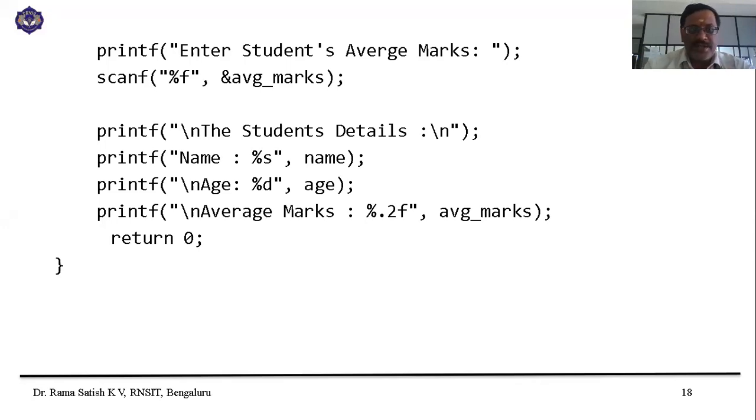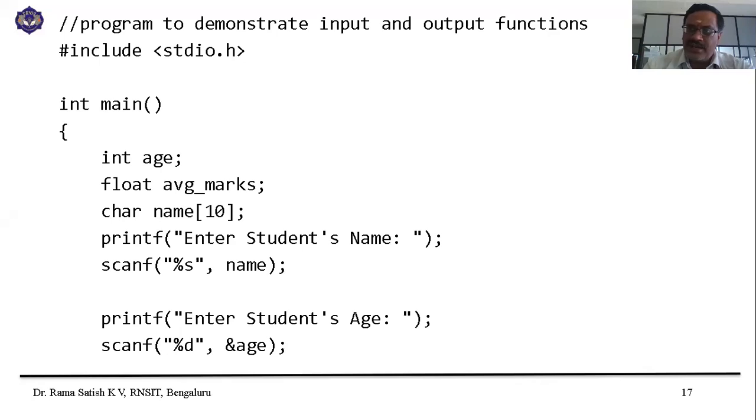Every time you observe %f for float, %d for integer, and %s for string. So you should always observe that there is a change.